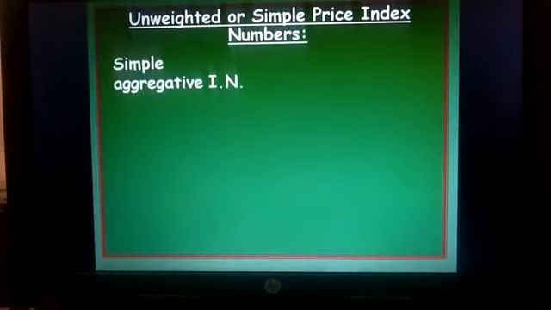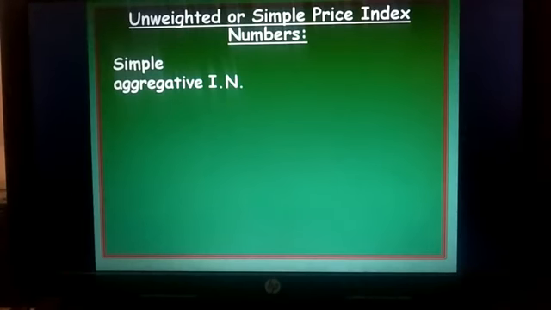In that, first simple aggregative index number. The name itself tells, look at the cursor, it is simple and it is aggregative index number. See here, just it is written as index number, correct? Once when just index number is being told, what is it being referred as? It is price index number itself.